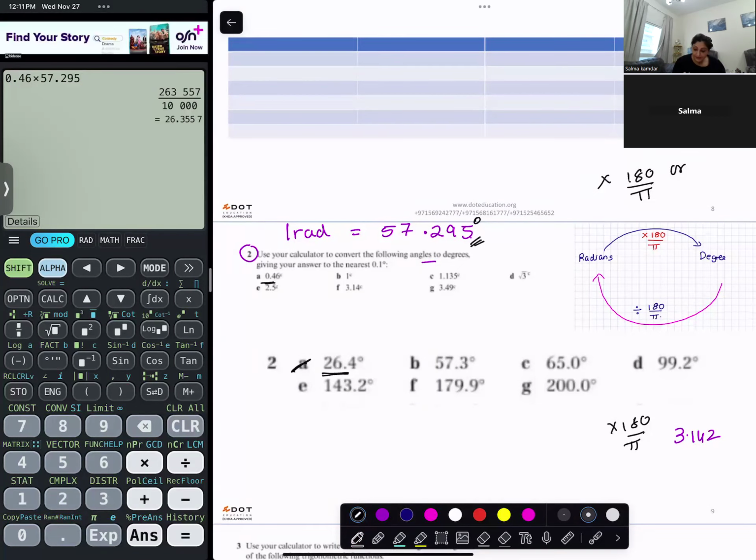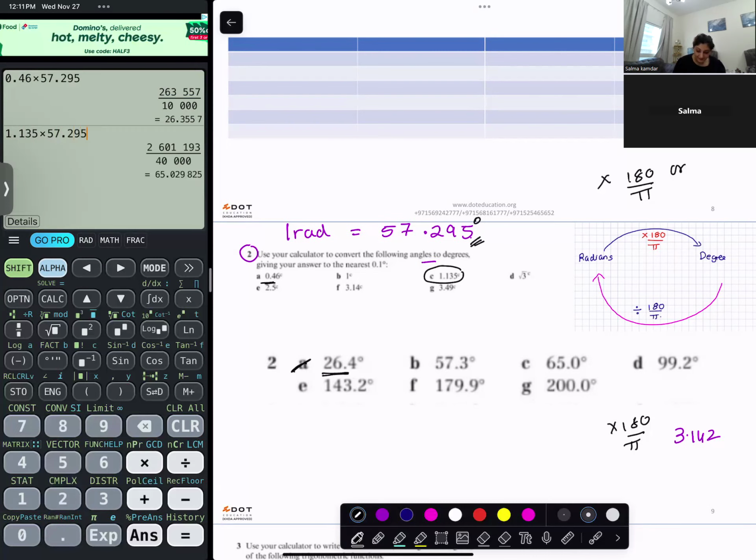Okay. Now if you see, I'm going to take the next one. 1 rad is 57.295. I have 1.135 rad. I want to convert it into degrees so I can multiply by 57.295.